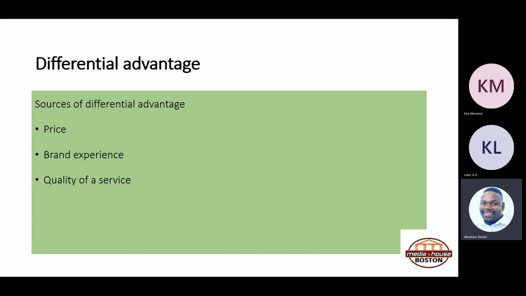There are so many sources of differential advantage that we can talk about here, but these are the ones that I'd like you guys to memorize and think about those that I did not mention. You can even apply the 7S framework. Yes, the 7S framework can be a source of differential advantage.